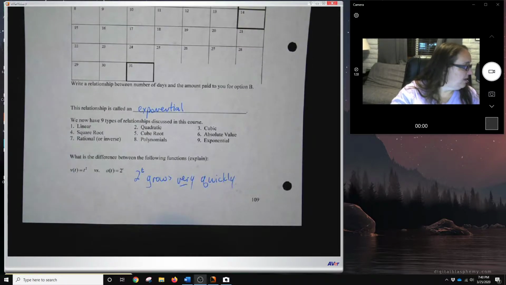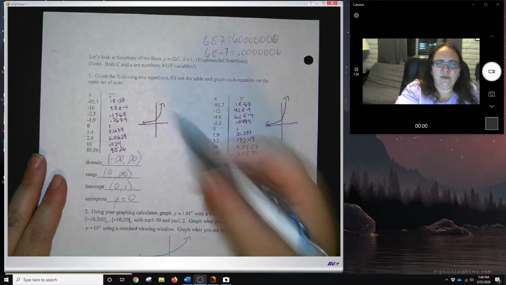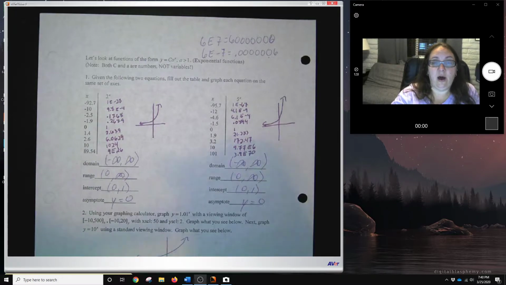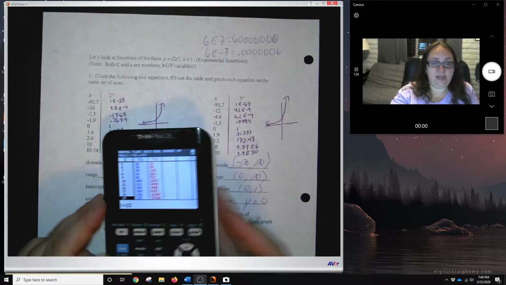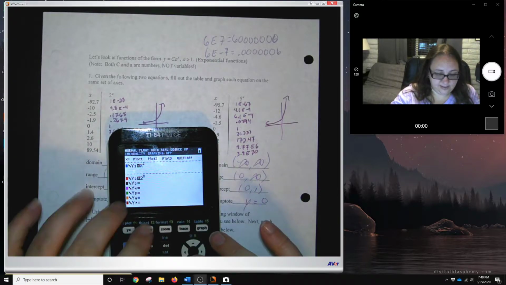Okay. Now, on this next page, I am just going to show you how I got these tables, by putting my calculator back on ask from auto. So I went over here, I put 2 to the x.